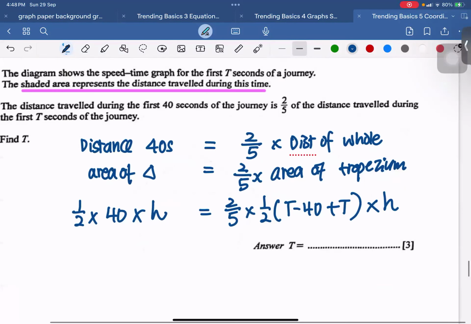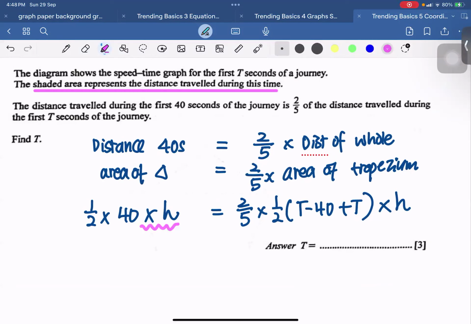Observe, multiply by h, multiply by h. What do we do to the two of them? Cancel away. No use. Next, deal with the numbers. Half times 40, 20.